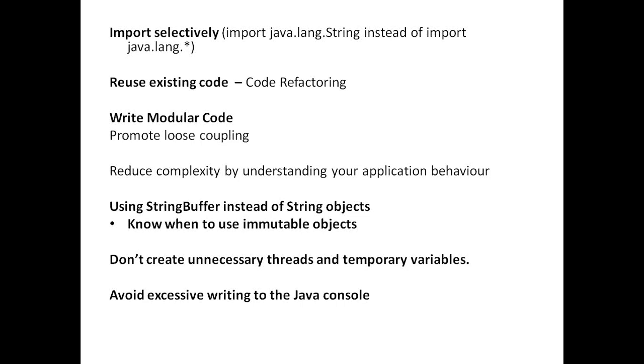Reusing the existing code. It's very important to refactor your Java code and try to write as much modular code as possible. Whenever we use a framework like Struts or Spring, the objective is loose coupling. If your program or modules are loosely coupled, then in general it has been found that it improves the performance, since it reduces the complexity, and even the complexity of the queries will be reduced.